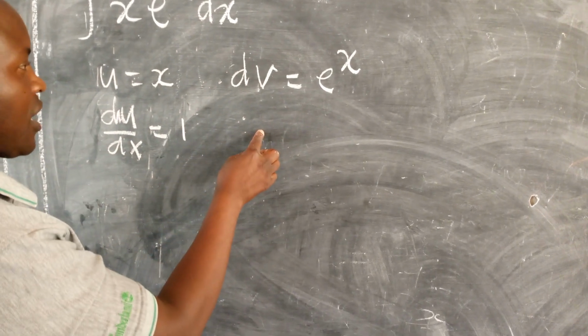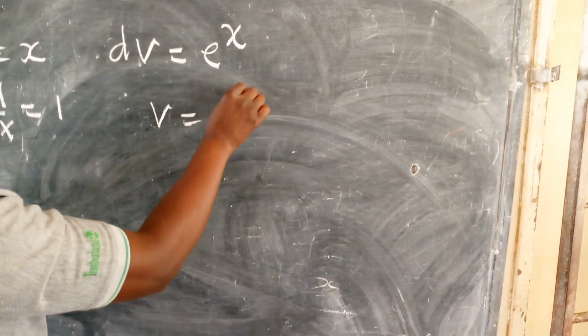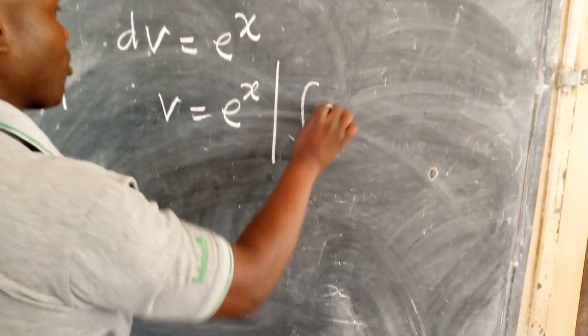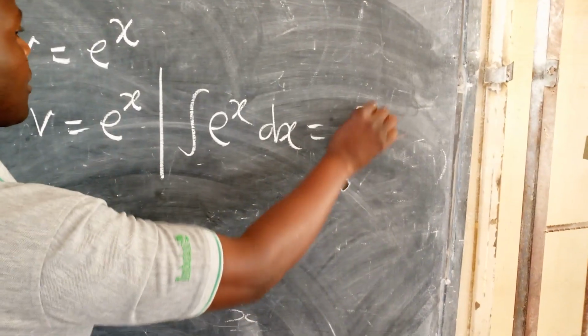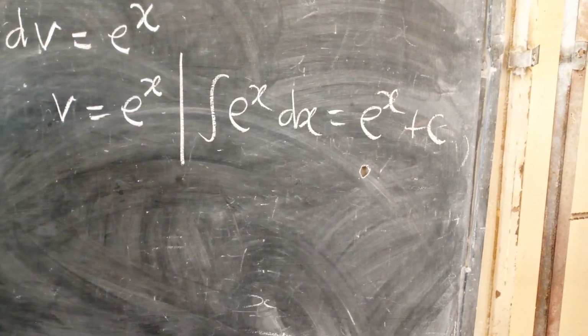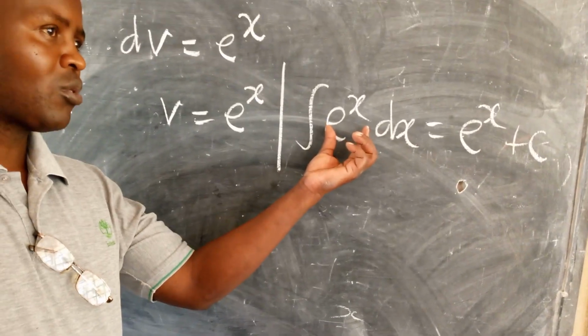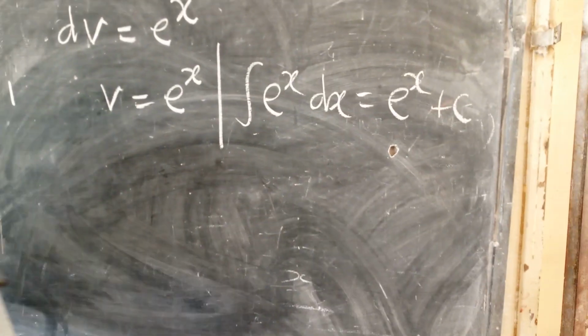While this one, when I integrate it, v is equal to e to the power x, because the integral of e^x dx is the same as e^x plus c. This is what you should understand, because this function is not constant, but it remains the same. So this is the thing which is there.